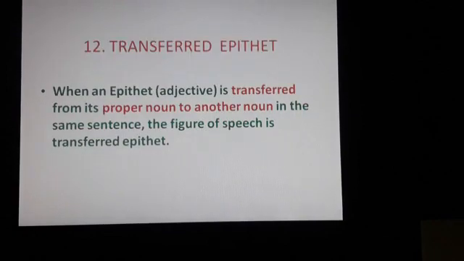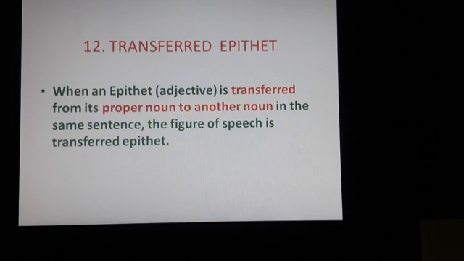Next is your transferred epithet. Transfer means movement from one place to the other, and epithet means an adjective. When an epithet or adjective is transferred from its proper noun to another noun in the same sentence, the figure of speech is transferred epithet. Remember, epithet means adjective.